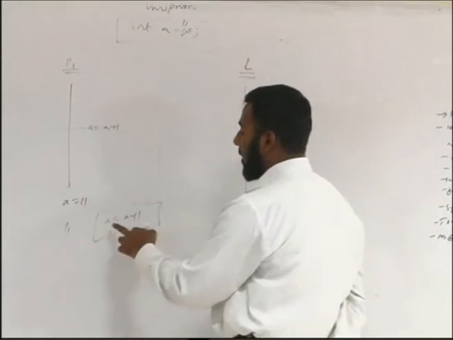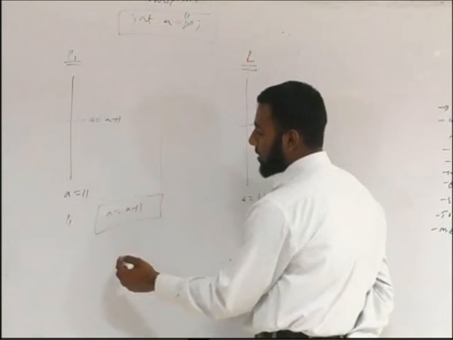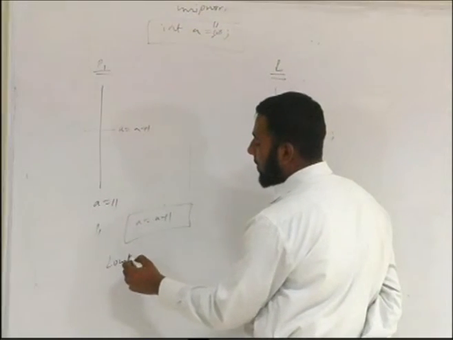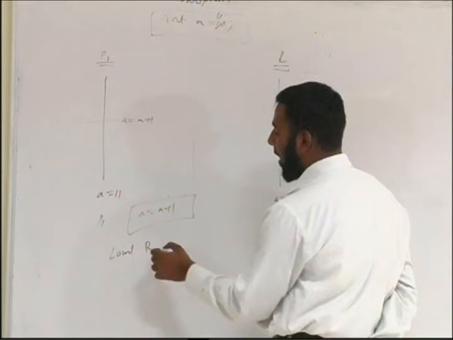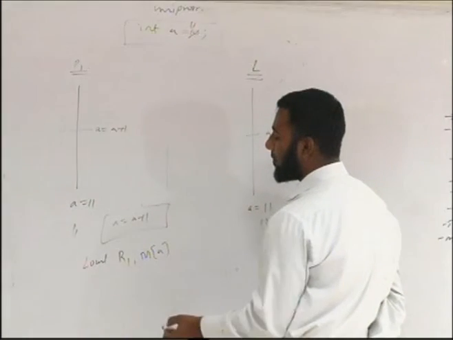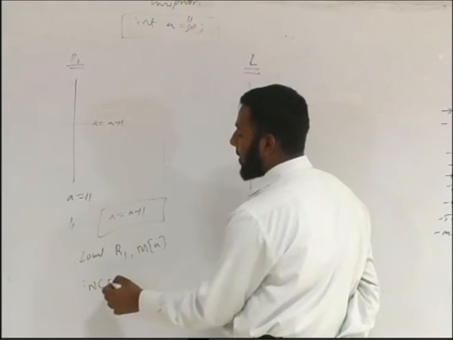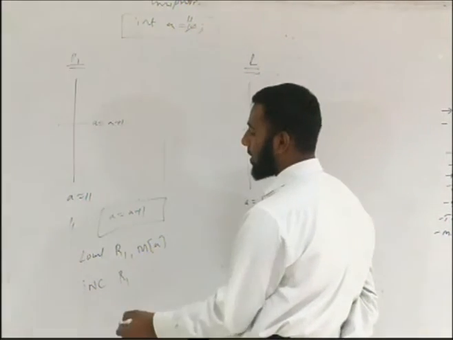Now assume how it will be executed. First the value of a will be loaded into R1, a register, from memory. Then the value of R1 is incremented.